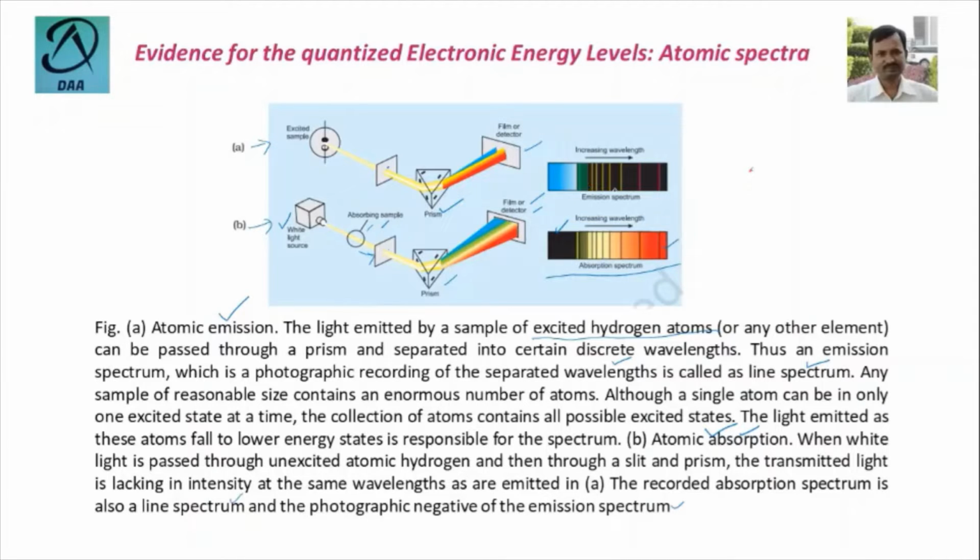In the specific example of hydrogen, when it is emission, this portion is all black but here it is colored, so it is just the opposite. And on the left side, for atomic absorption spectra, the left side portion is black, but in the above case, the emission spectrum, the left side is colored. So they are opposite to each other for the same sample.